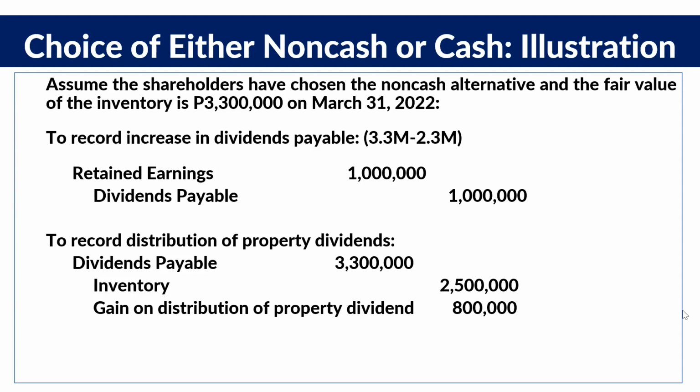This time, 1 million is the difference. We recorded 2.3 as dividends payable, and now it is 3.3. So we recognize the difference of 1 million. And then we record the distribution of the property dividend. So debit dividends payable, 3.3, credit inventory at 2.5, and credit gain on distribution of property dividend at 800,000.